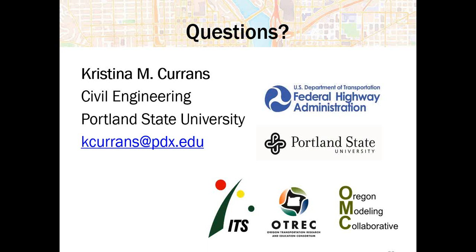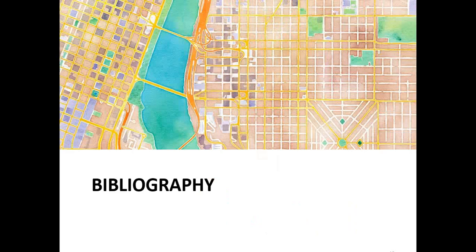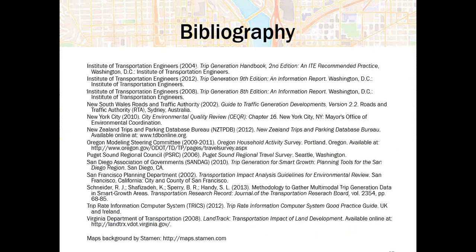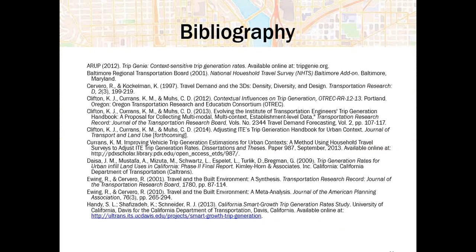The Smart Generation Study has a website with their full documentation. Their urban context adjustment has a forthcoming article, but also has an OTREC report that is published online, and I believe the link is in my bibliography here. So feel free to find the sources there.